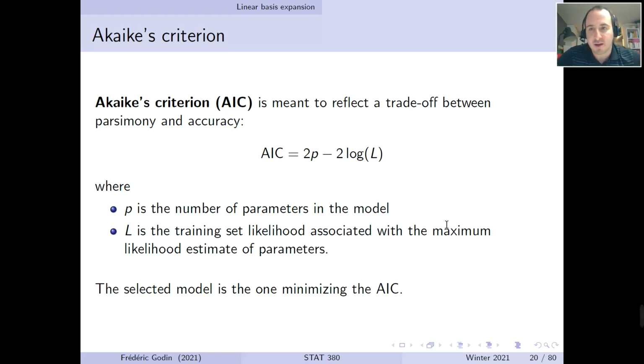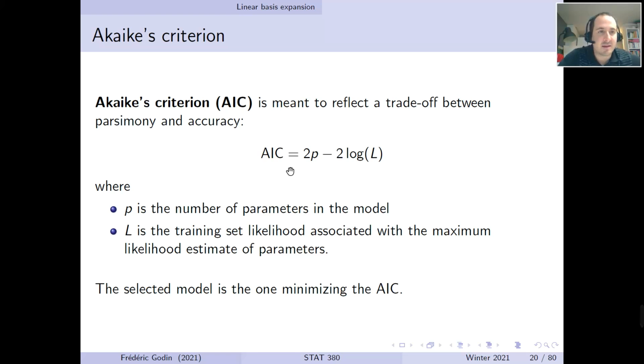So let's start with Akaike's criterion, AIC. I'm sorry, I'm not sure how to pronounce this guy's name. I guess it's Akaike's, but I'm not sure. I apologize for that. But this Akaike's criterion is meant to reflect, as we said, a trade-off between parsimony and accuracy.